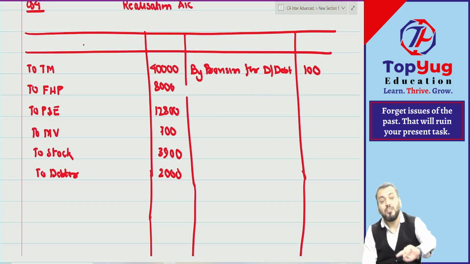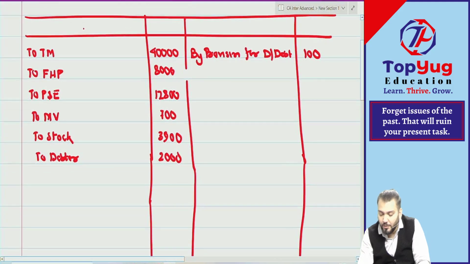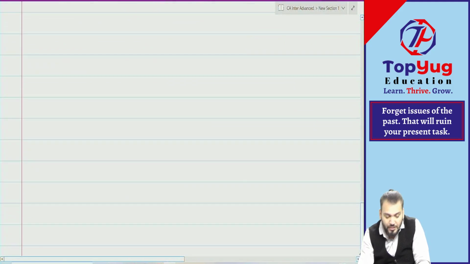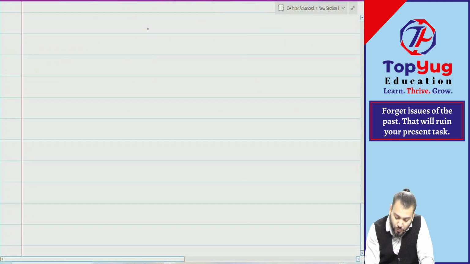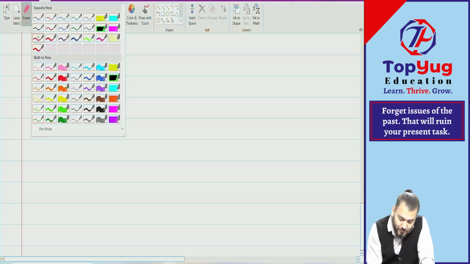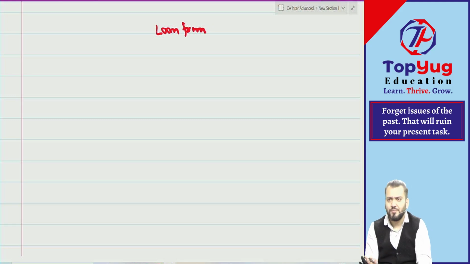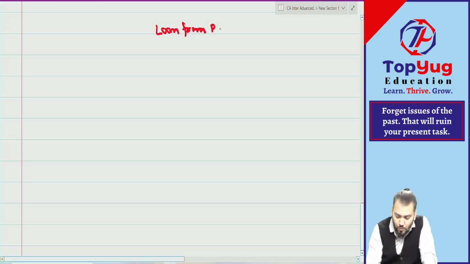If the loan is not taken over by the purchasing company, a separate account will be opened. Partners loan separate account will be opened. So write down loan from P. You remember this point. However, even if you write it in the realization account now, it will not affect your solution. But we'll follow the rules. Loan from P account.